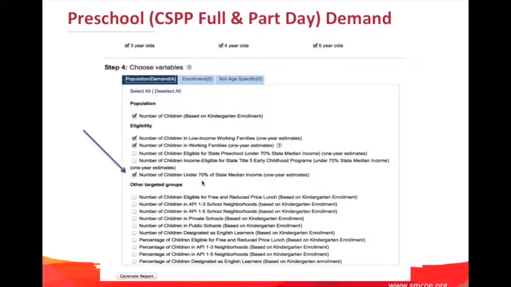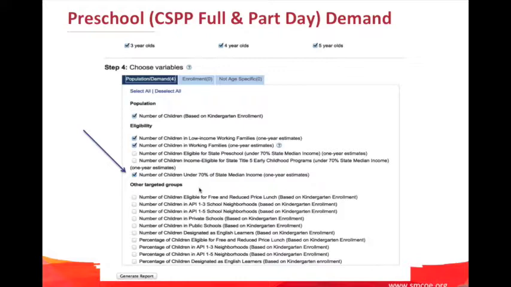These other targeted groups are just other information which can be useful. They're gathered by AIR from CDE and other sources, but they're not part of the priority setting process, so I'm leaving them out. It's not that they're not interesting, they're just not needed for this.